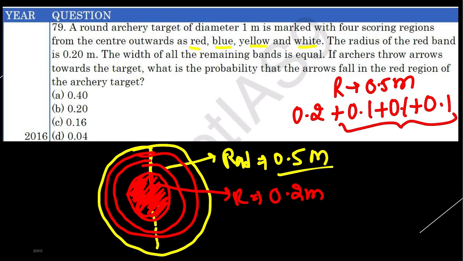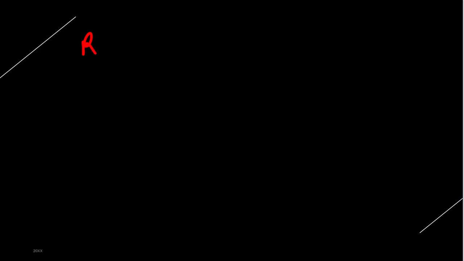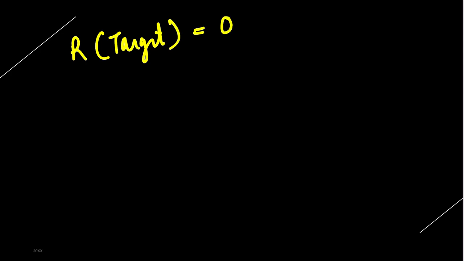Now if the archer throws the arrow at the target, what is the probability that it falls in the red region of the archery target? So we have to find that. The whole target area, the full target, has radius 0.5.